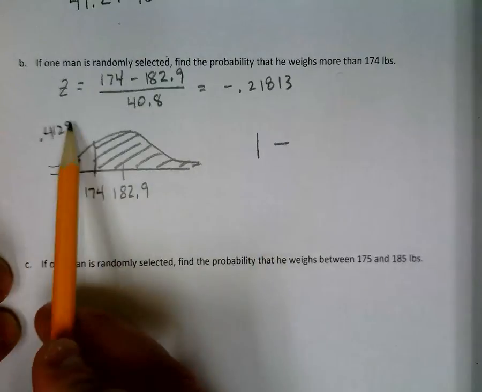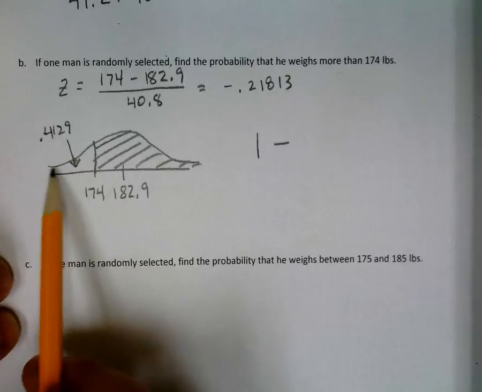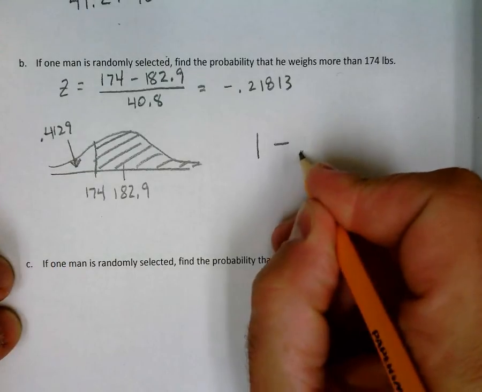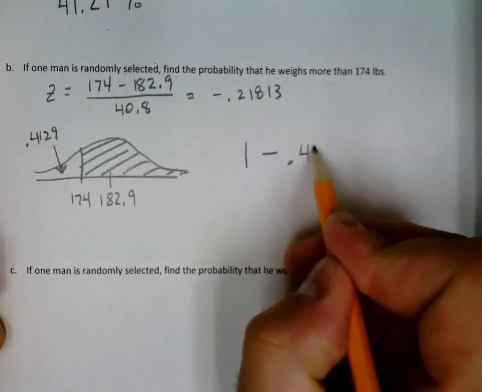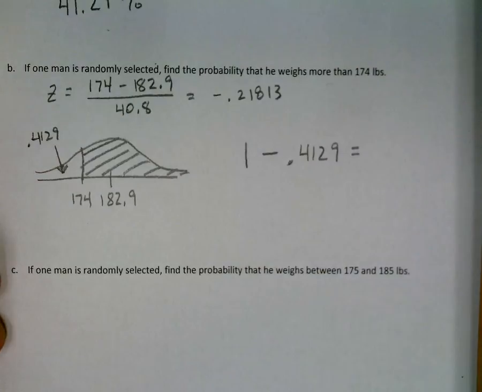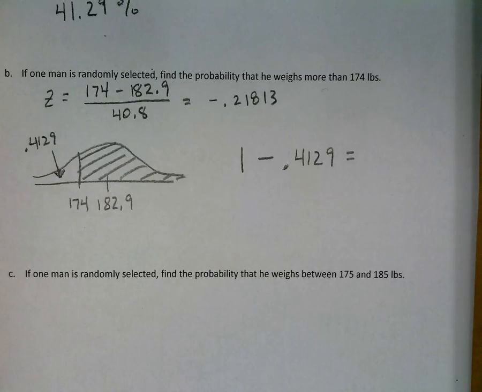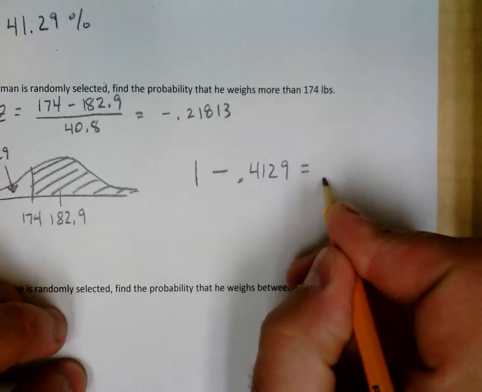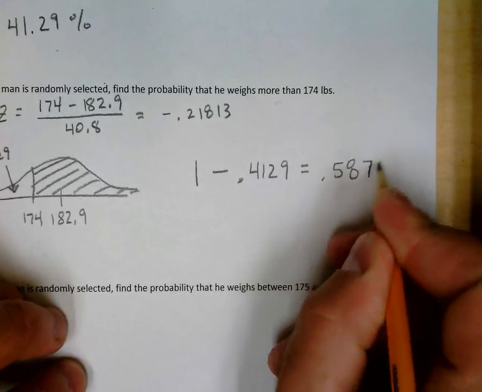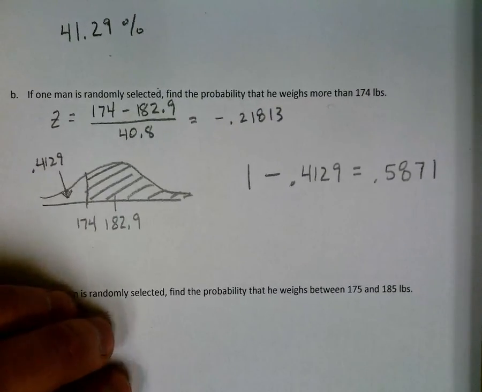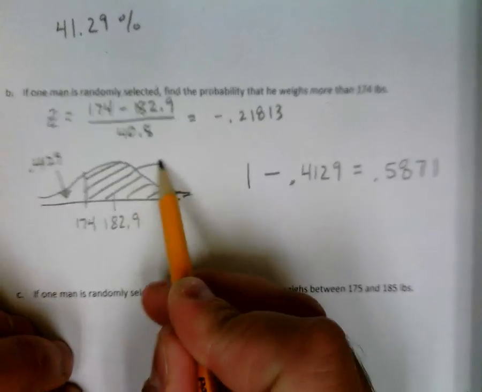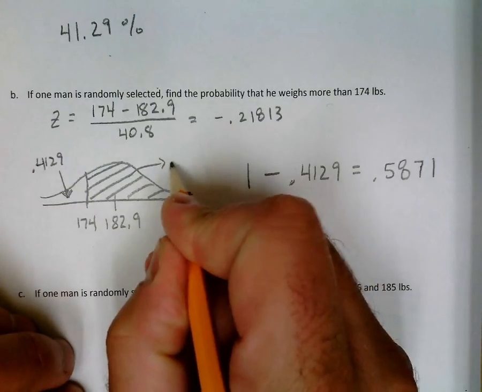So if we take away this part, which is to the left of 174, which we found in the previous problem, then we're left with what's to the right of 174, which would be 0.5871.